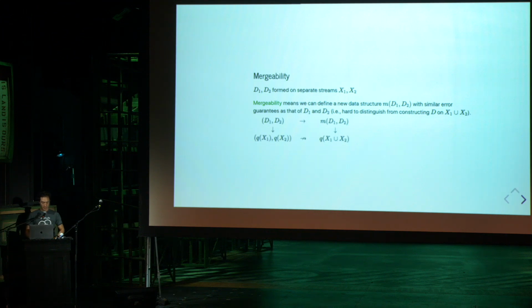In terms of quantiles, if you operate on the bottom row of this diagram, if you know the quantile of some set x1 and another one x2, you know that the quantile of the union lies between these, but otherwise you can't really make any guarantees. Whereas if you operate in this richer space of these data structures, which we'll get into shortly, you can merge these two and still extract the quantile with some guarantees.